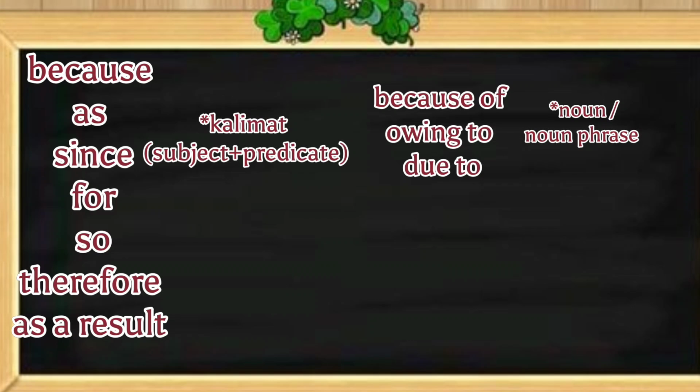Then the predicate can be in the form of a verb. So remember, if the first group of words, because to as a result, it will be followed by a sentence. Then the second group, because of, owing to, and due to, doesn't have to be followed by a sentence.